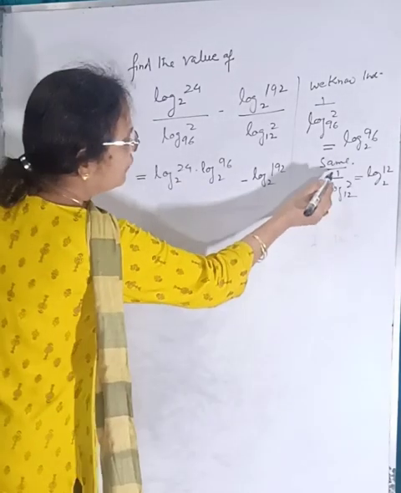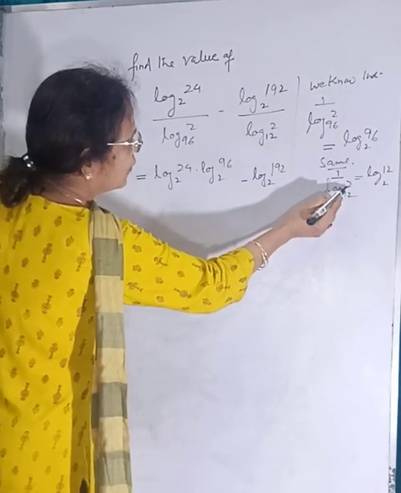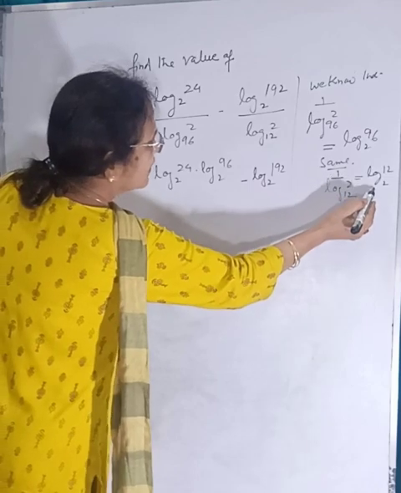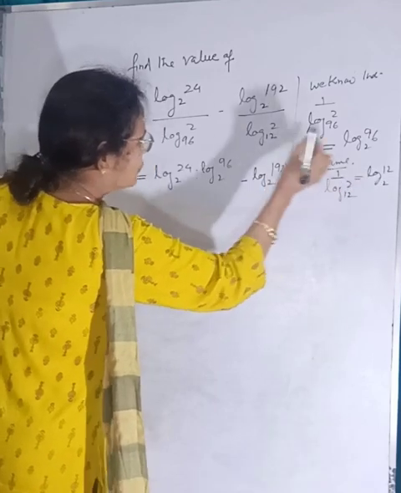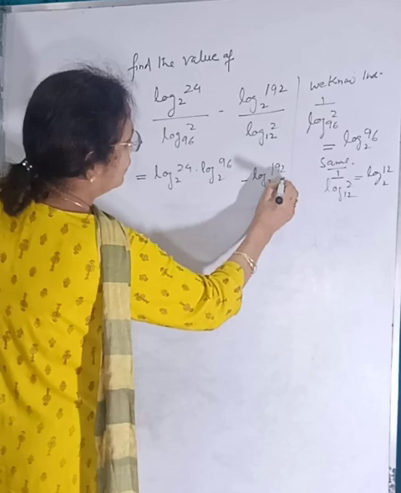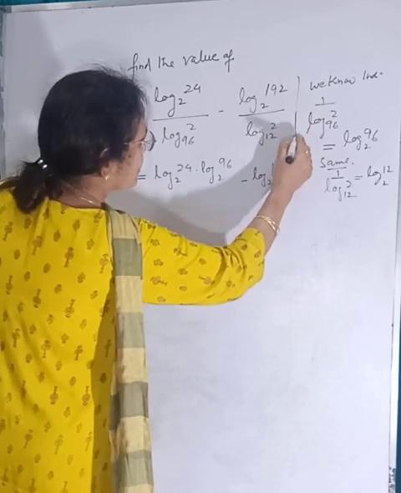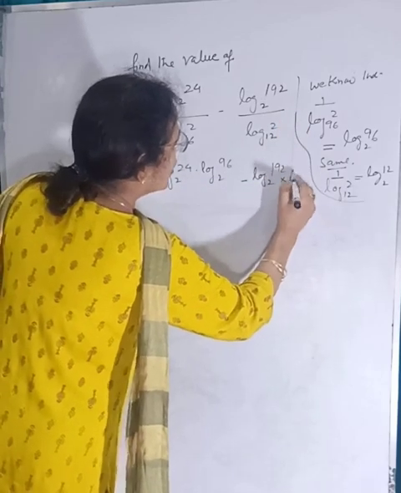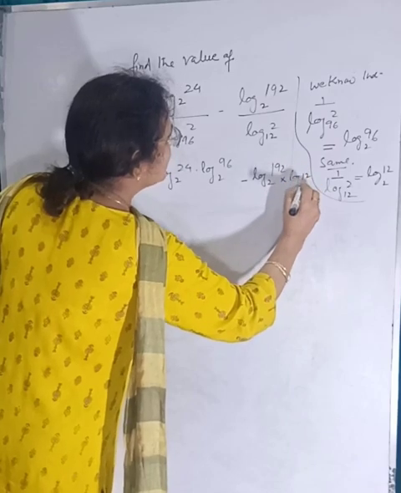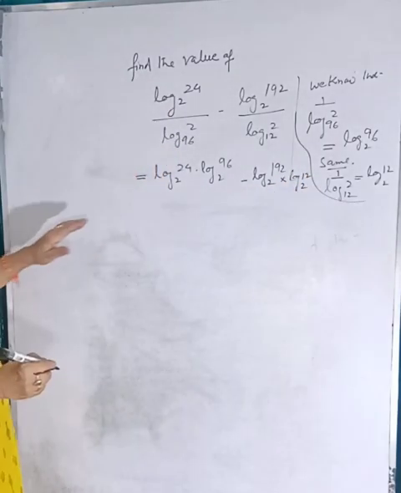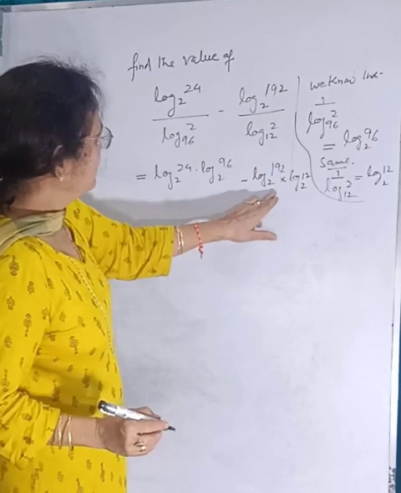So in place of 1 upon log of 2 to the base 12, we can write log of 12 with the base 2. So into log of 12 with the base 2. Now everybody is having base 2.